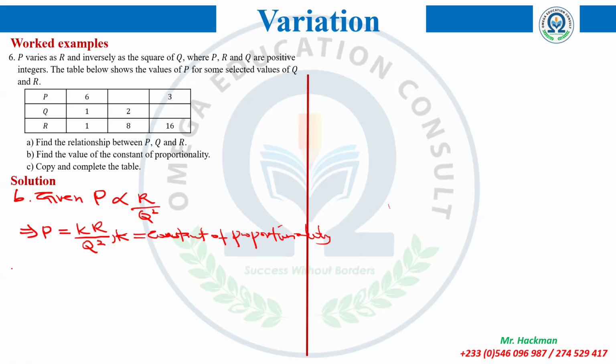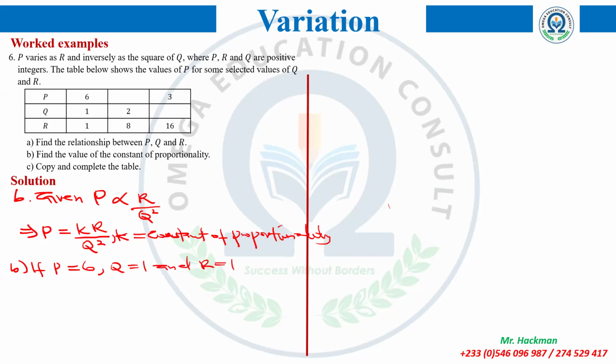So I am going to do B. From the table, which column has all the values of P, Q, and R? The second column. So when P is equal to 6, Q is equal to 1, and R is equal to 1.